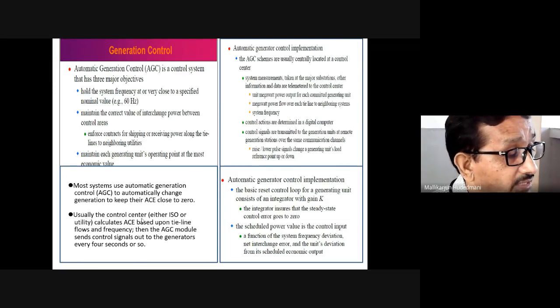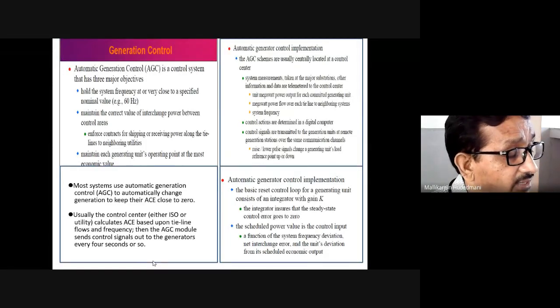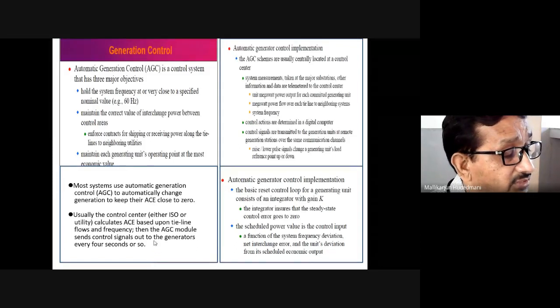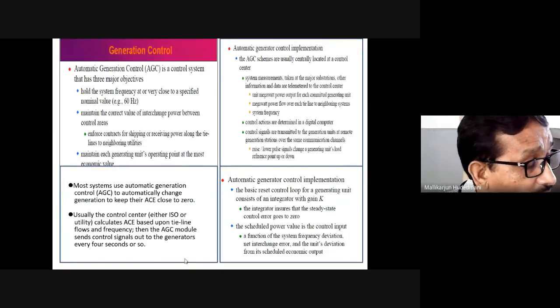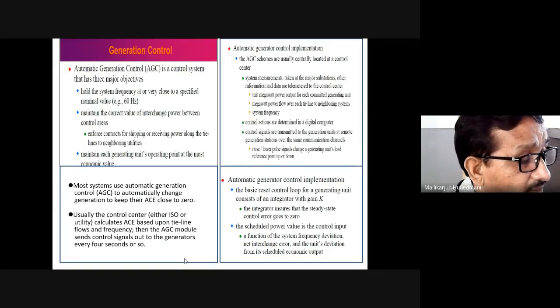Usually the control center, either an ISO, an independent system operator, or a utility, anybody who is connected to the power system, calculates the area control error. Suppose a corporation A has 5 generators. The 5 generators are economically scheduled to a certain megawatt and are pumping power to the grid, maintaining the scheduled frequency.